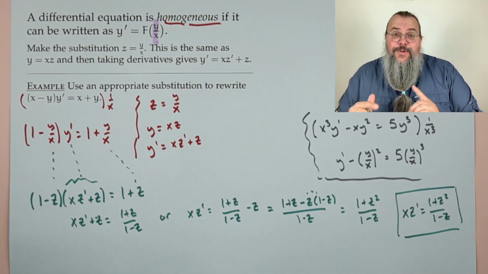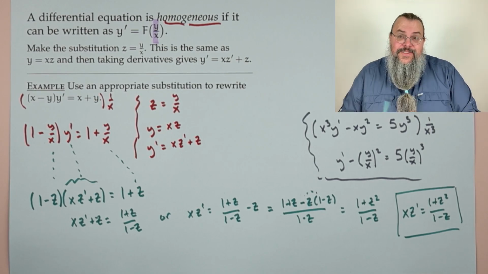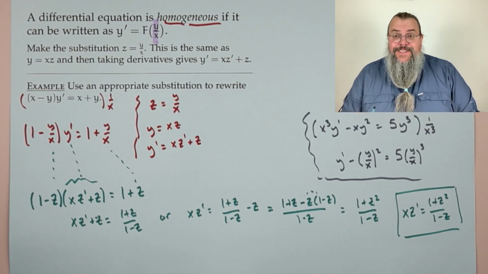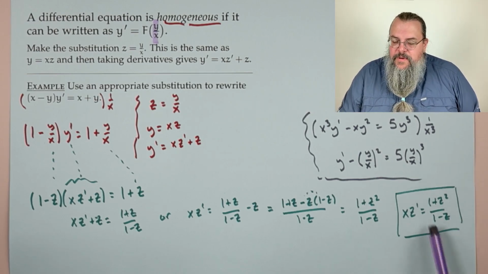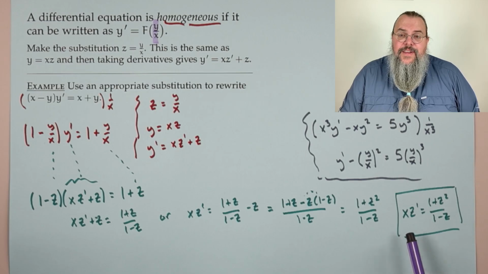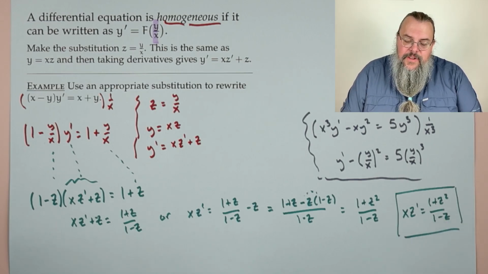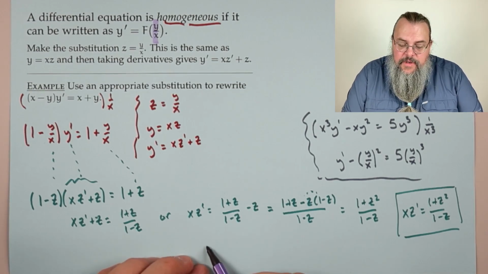But I want to ask the question, what kind of differential equation is this? It's separable. This is something where we can separate the variables, because you can move all the z's back across, and you can move the x and the dx across. So the good news is if you have something that's homogeneous, it always reduces to separable.